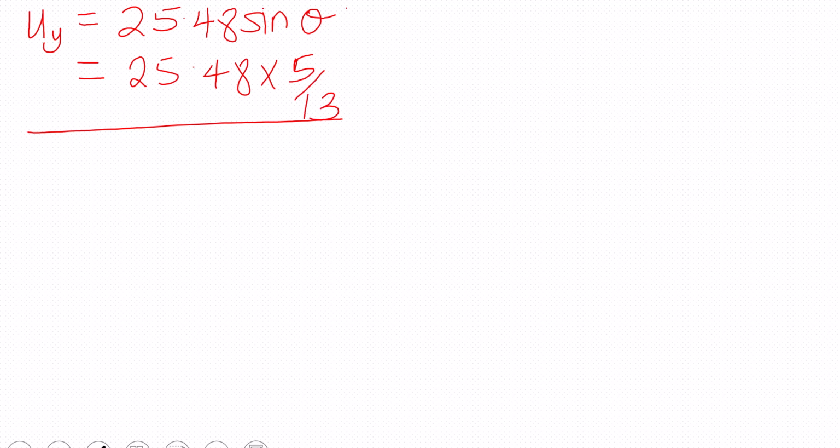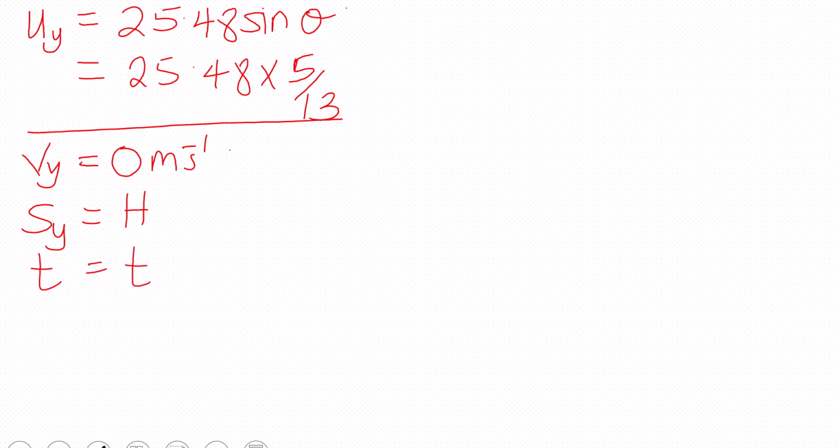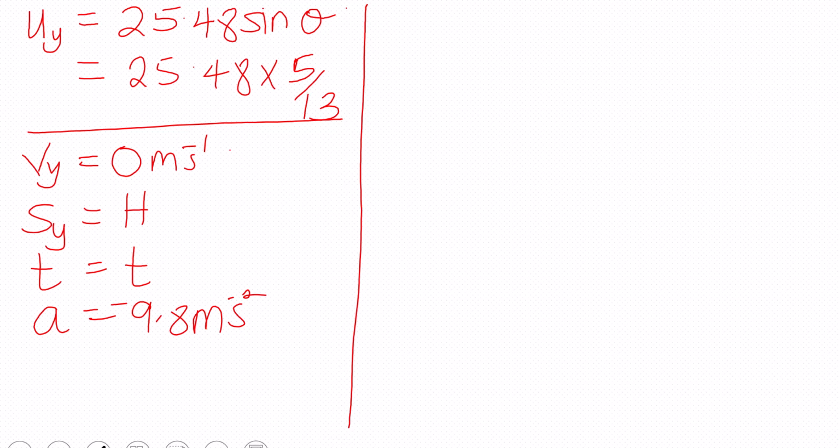And then we know that the velocity in the y at maximum height is 0 meters per second. We know that the displacement s in the y at that point can be represented by h, and then the time taken, we do not know it, and then our acceleration in the y will be 9.8 meters per second squared, but it's a negative. So using this information, I can use the third equation of motion.